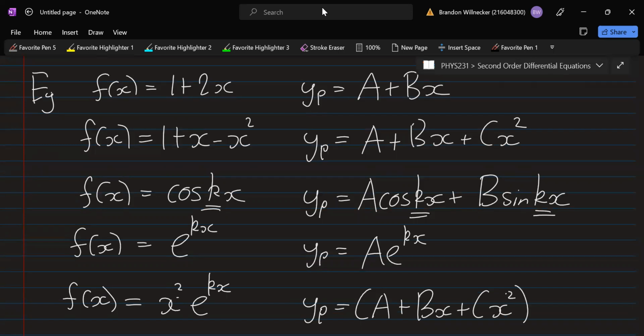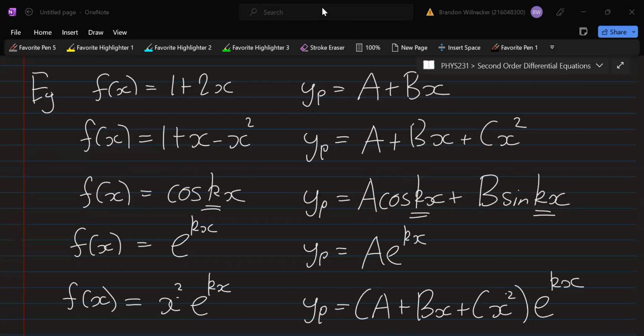And the general form for e to the kx is some constant a times e to the kx, but that constant can be absorbed into the a, b, and c. So we can just write e to the kx. And you do that in general: you build up your particular solution from whatever the function is, and we generalize it with these coefficients.